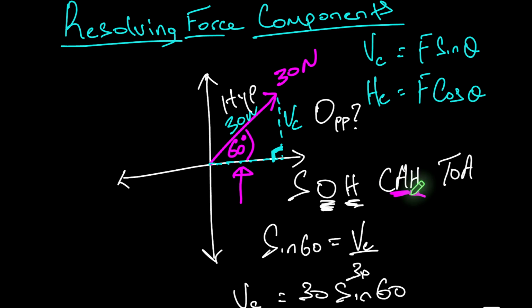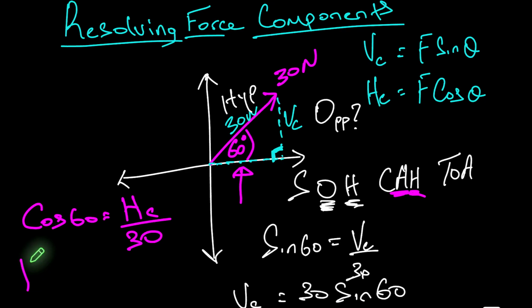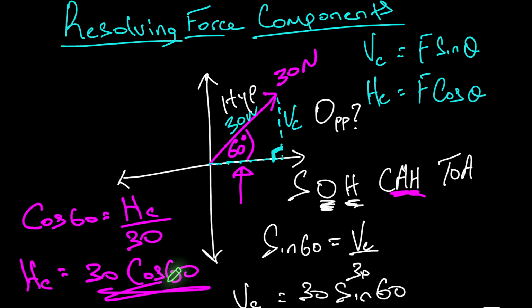So what we would end up with now is cos of the angle equals the adjacent, which is the unknown, so our unknown is now the horizontal component, over that hypotenuse, which is the 30. So what we end up with now is HC equals 30 multiplied by cos 60. And once again, that's how we end up with this here and this here.